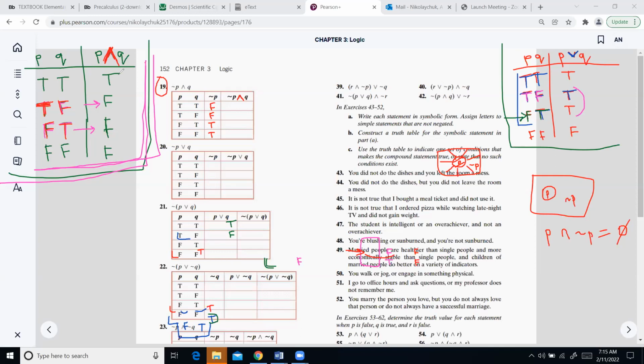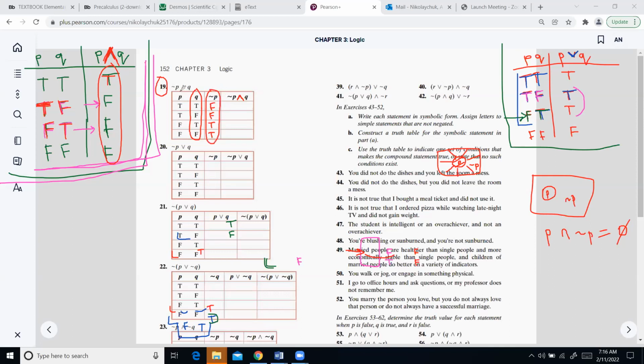I guess the most convenient way to take care of it is just to look at your results. Only one true appears when both of these are true. So what are both of these? Right now I care about this column with a Q and that column with not P, right?